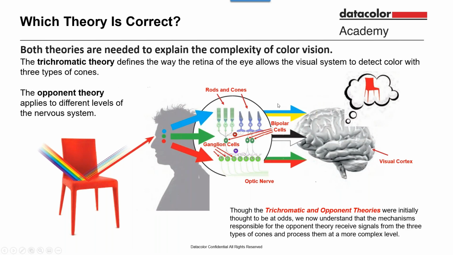So in this diagram, I'm showing you that we start with the red, green from the cones with our normal trichromatic theory, but this additional processing that's done here before it gets to the visual cortex is where we think that the opponent theory comes into play. Just to say one thing, this is a very complex process, and we still don't completely understand exactly how we finally see color.